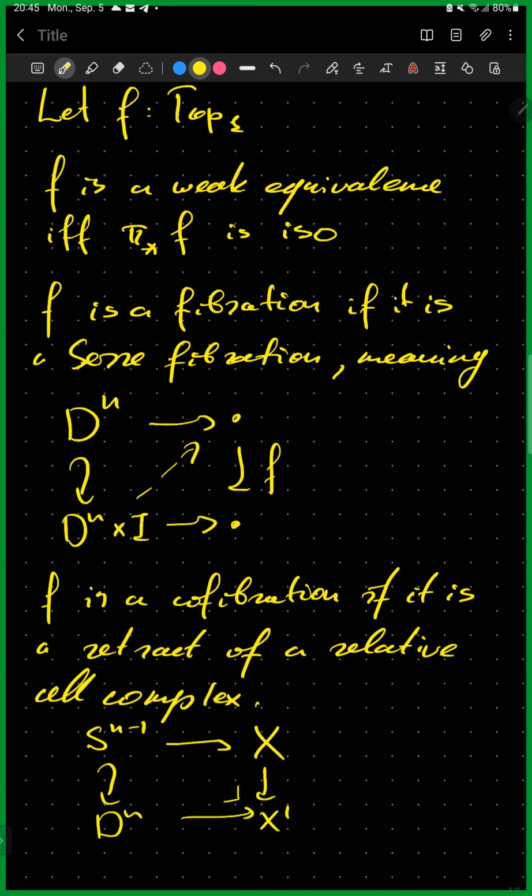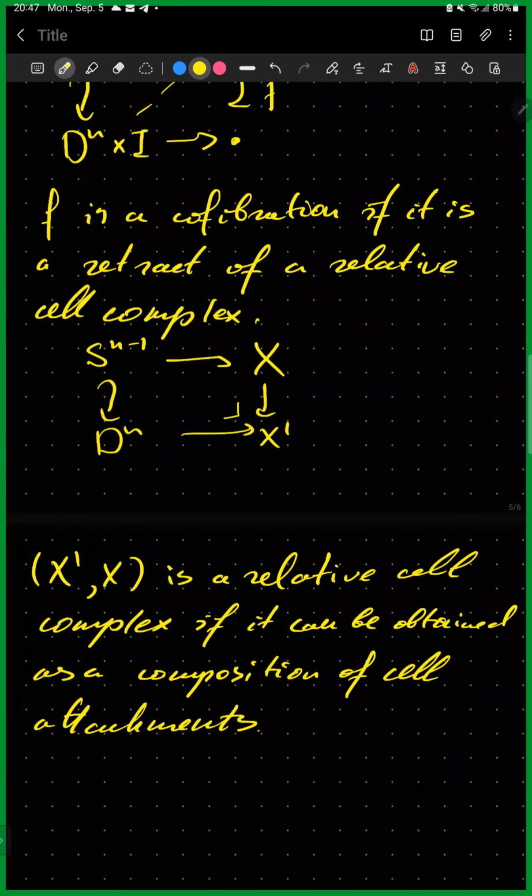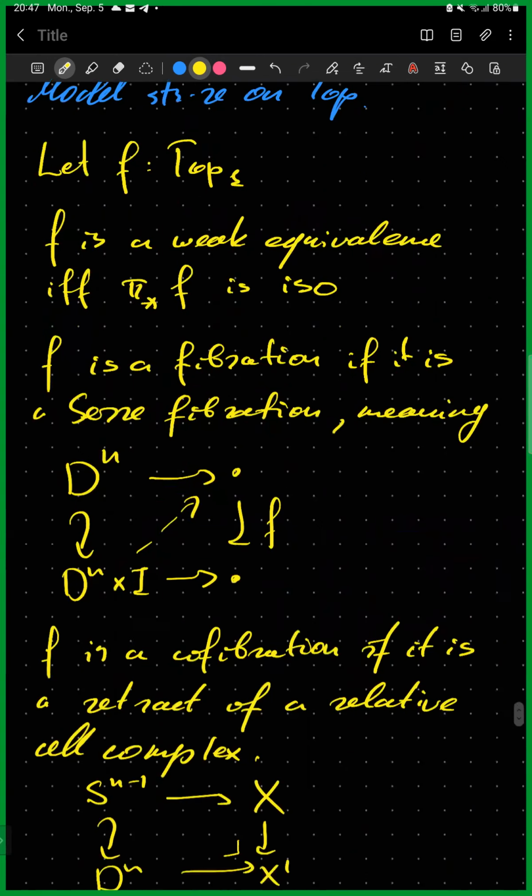Okay, so of course now I will not prove that this definition indeed gives a model structure on topological spaces, mainly because to do so I will need to explain the small object argument, which I will do in some next talk.